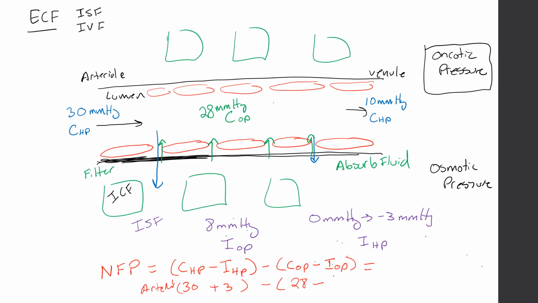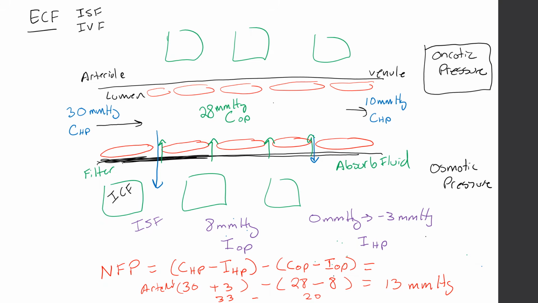And so let's go back to the oncotic pressure. That's 28 minus the interstitial oncotic pressure of 8. And so that's 28 minus 8, right? So we have 33 minus 20, which comes out to 13 millimeters of mercury.